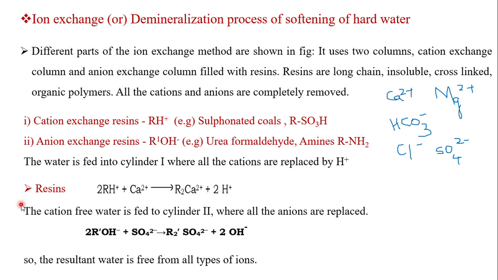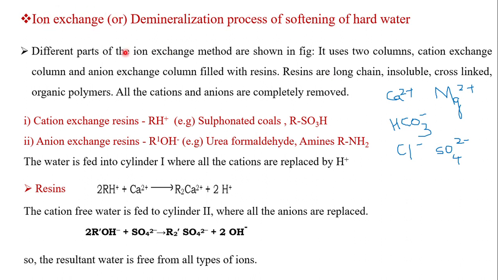So under boiler feed water, all the boilers will be equipped with the ion exchanger. The role of the ion exchanger is to remove the ions causing the hardness, both cations and anions, completely.